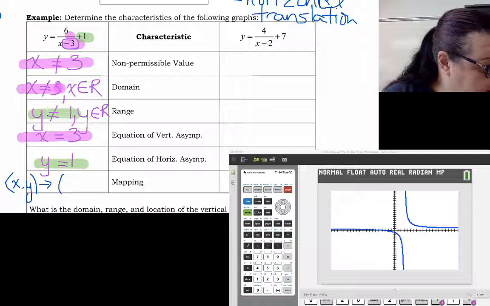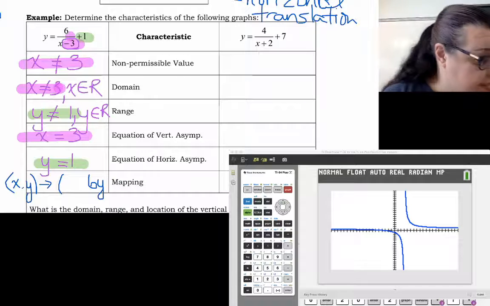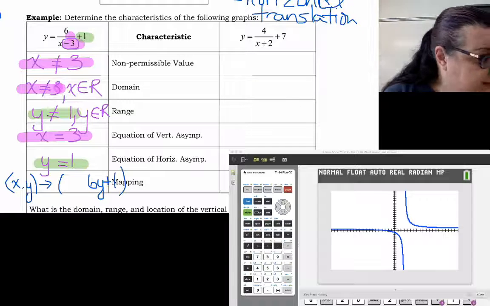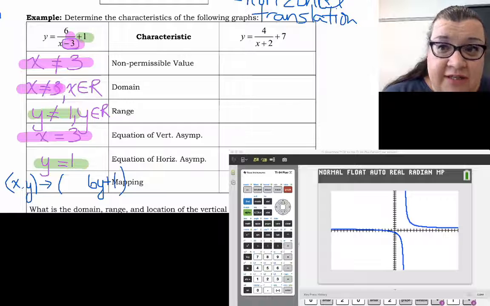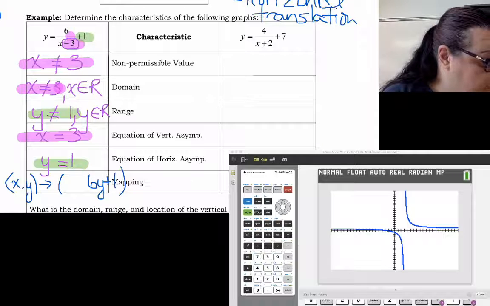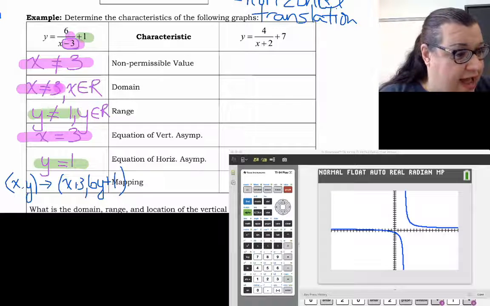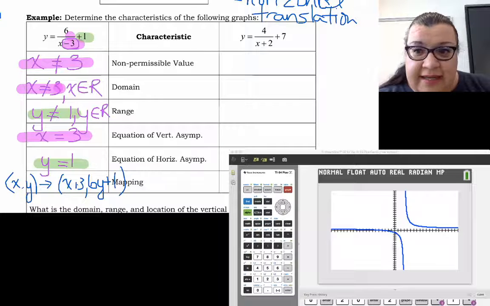So we're going to multiply 6 times the y, and add the vertical translation to it. So we're going to add 1 to it. Whereas x is only going to be affected by the horizontal translation, so x plus 3. And if we take a look here at the graph, that's what we see.